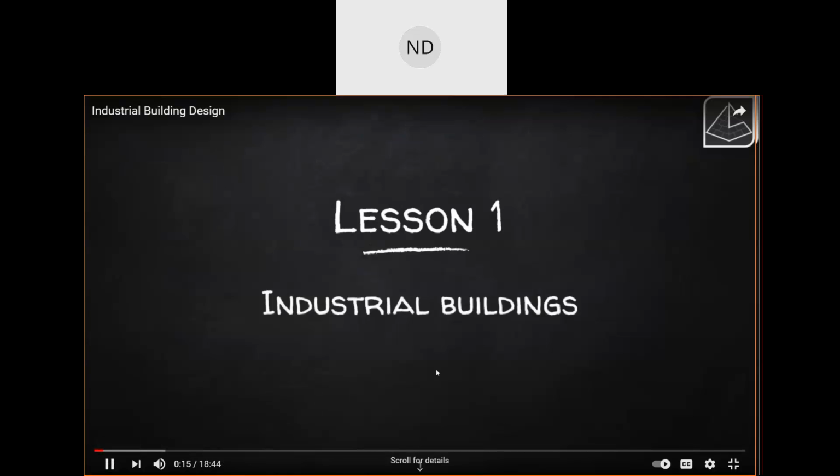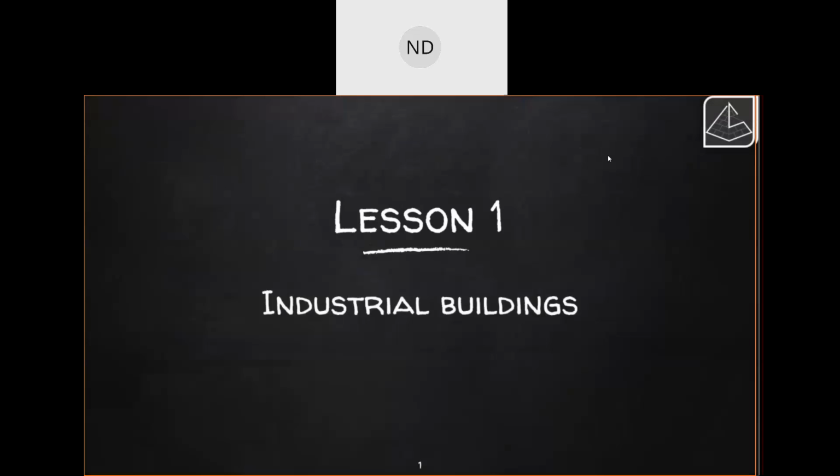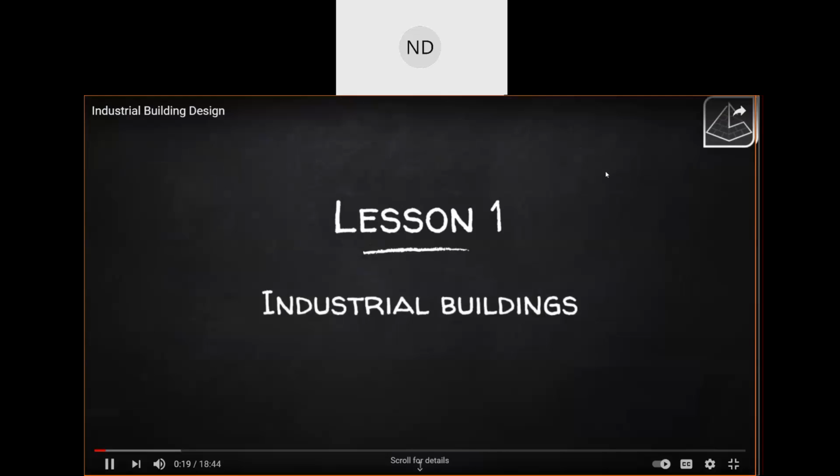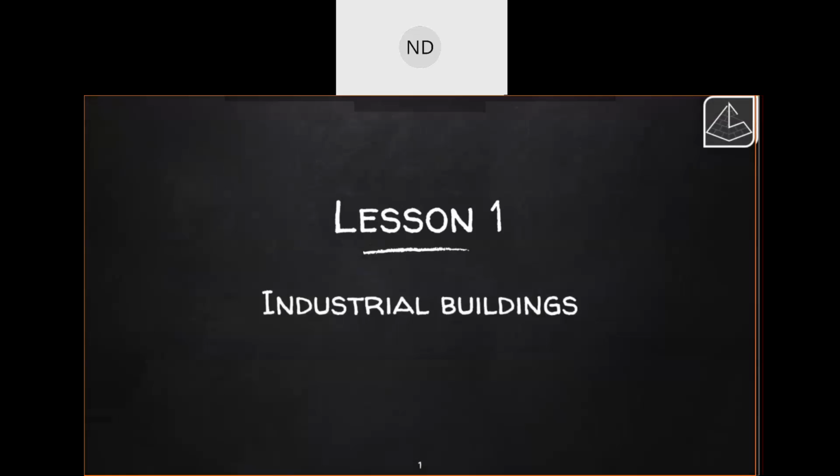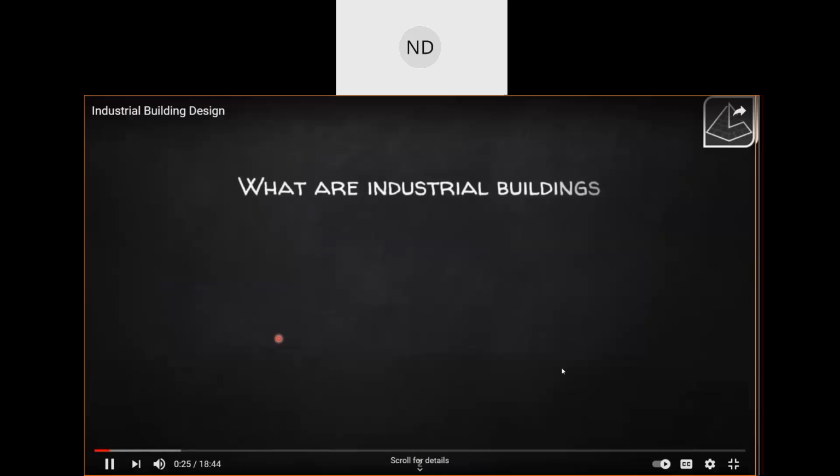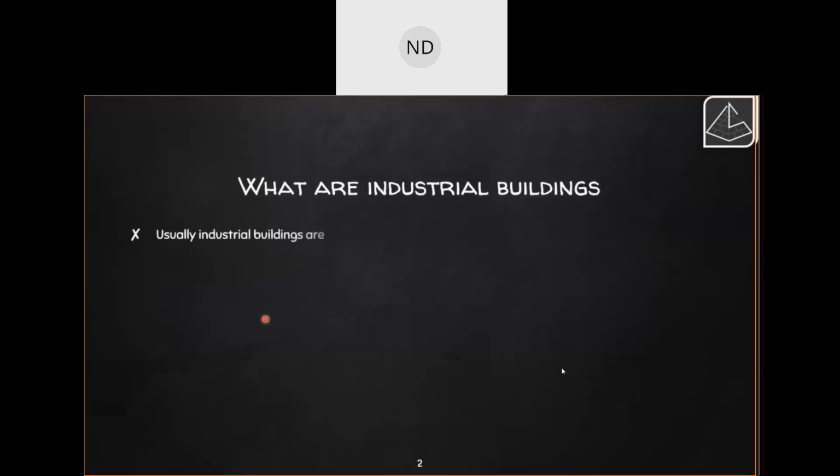Parts of the building. Later lessons will be designing one industrial shed. What are industrial buildings? So usually industrial buildings are low-rise steel structures. They are housing workshops or industries.